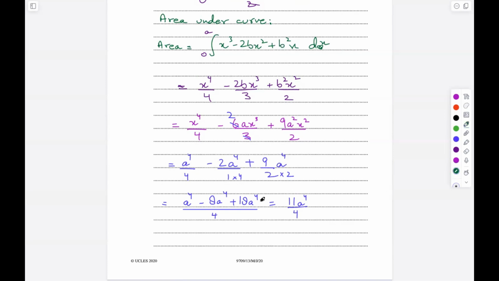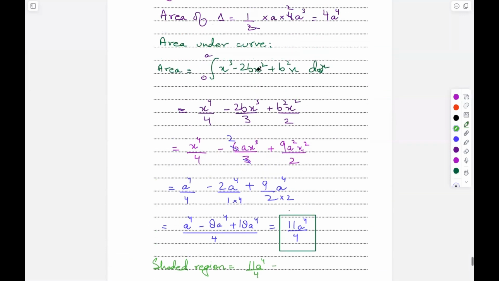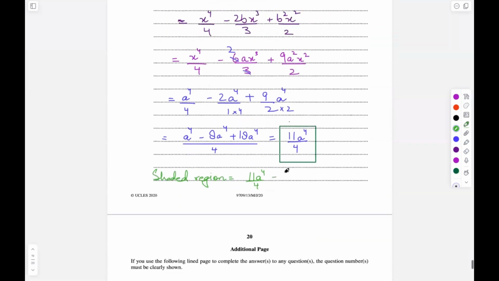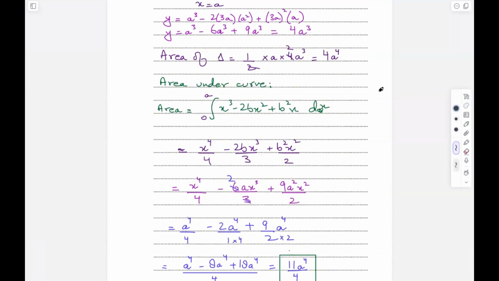And once we have the area under the curve, which is 11a to the power 4 upon 4, we can find the difference to find the shaded area. So the area of the shaded region will be the area under the curve, which was 11a to the power 4 upon 4, minus the area of the triangle, which was 2a to the power 4.